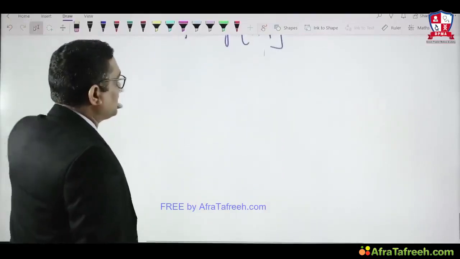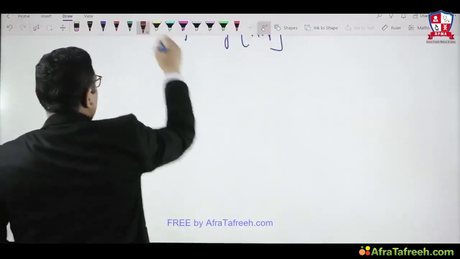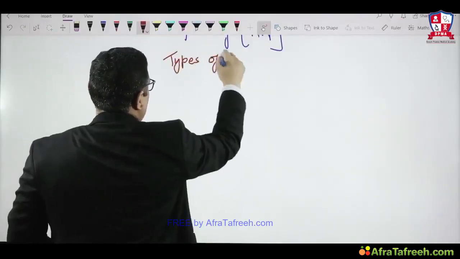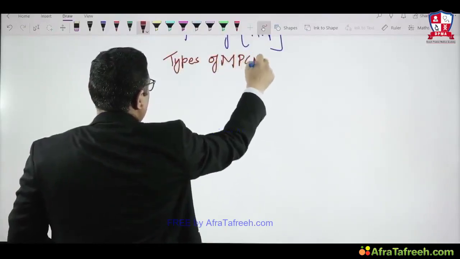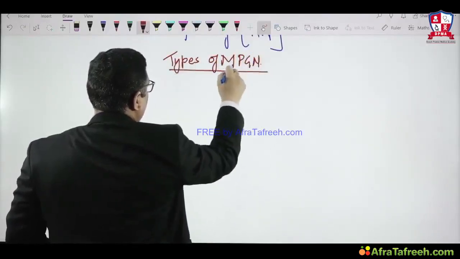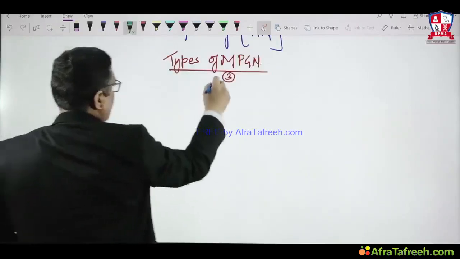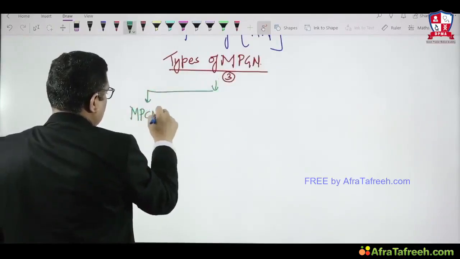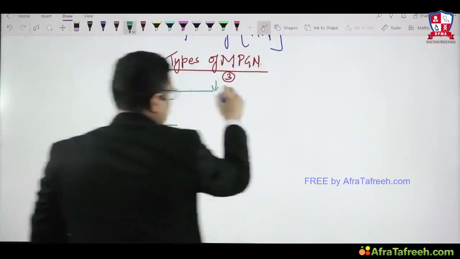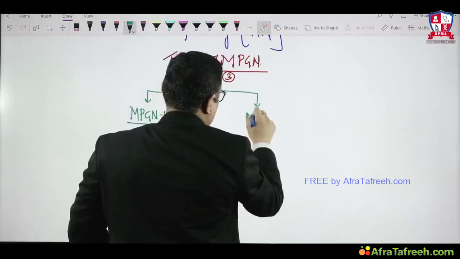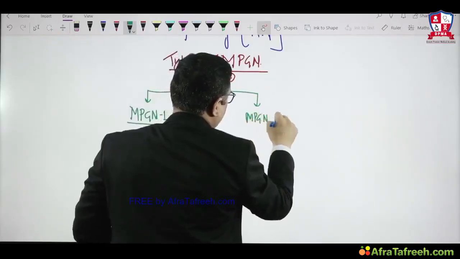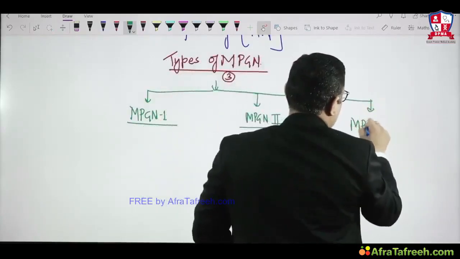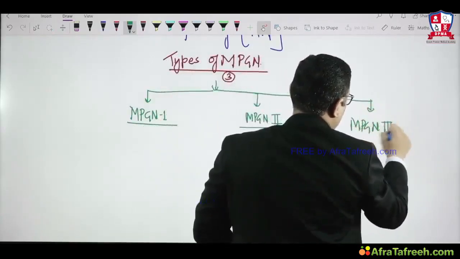Now we will see the types of MPGN. There are three types: MPGN type 1, type 2 and type 3, which we are going to discuss one by one.